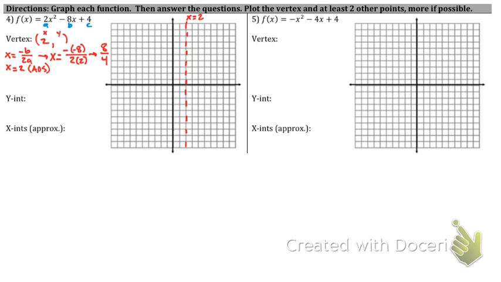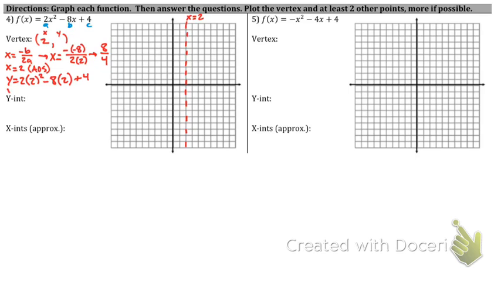It's always an x equal to a number equation. Now we found our x value, we got to find our y value by plugging the x value back into our equation. So instead of f of x, I'm going to write it as y. So y equals 2 times, instead of x, we now know x is 2, so I'm going to plug in 2 here. 2 squared minus 8 times 2 plus 4.